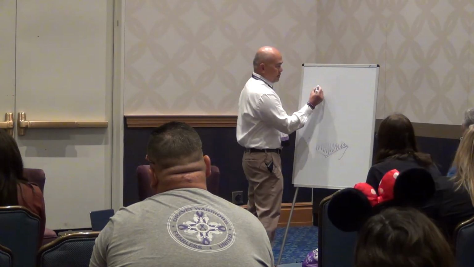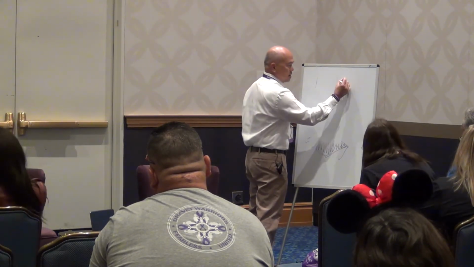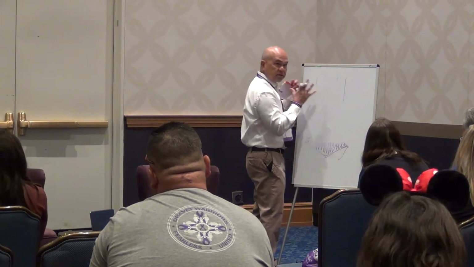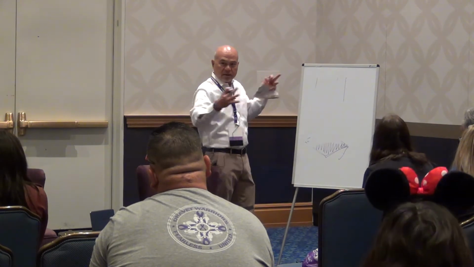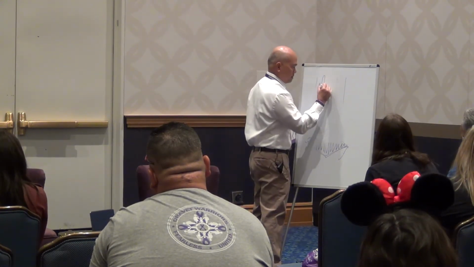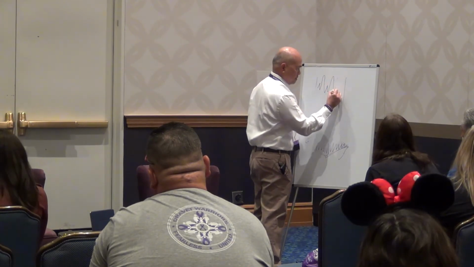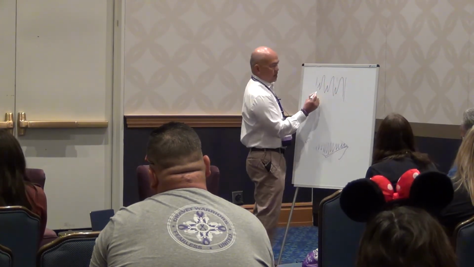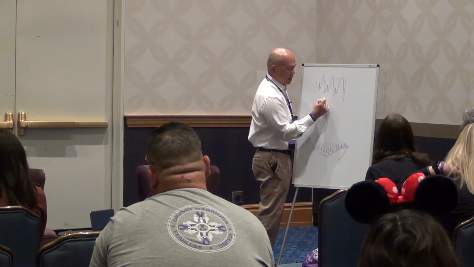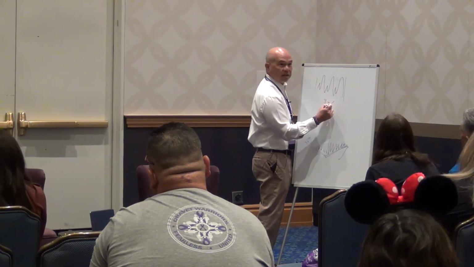So if this is 1 second, I'm expanding the EEG, right? What you see is this. That's a spike and a wave, a spike and a wave, a spike and a wave, 3 times per second.